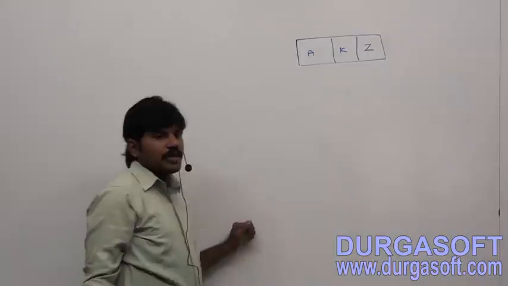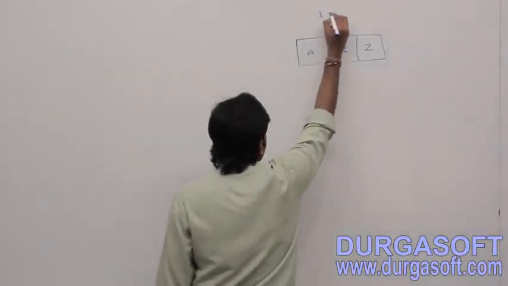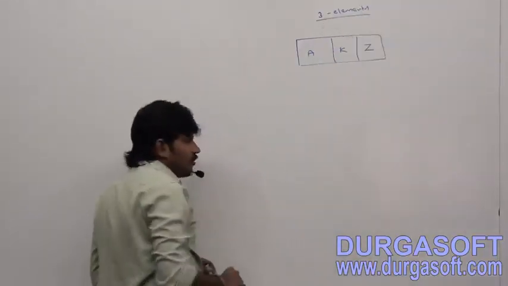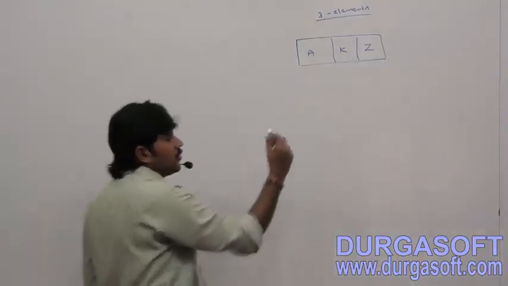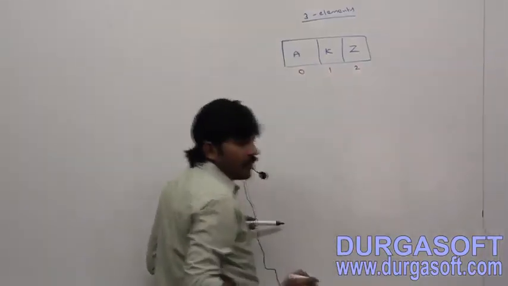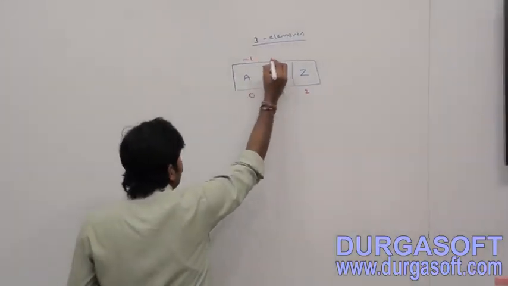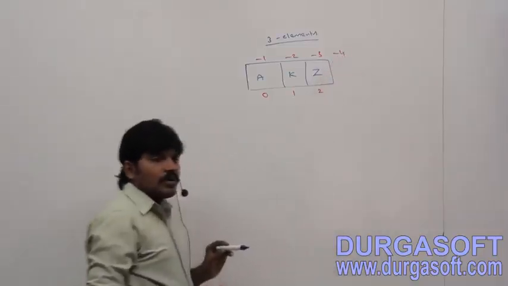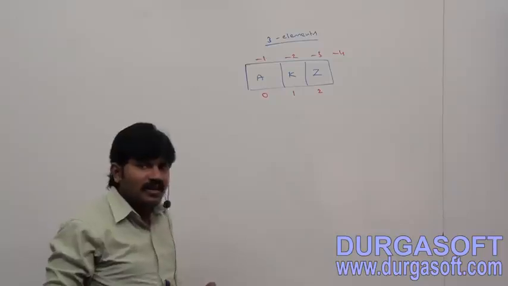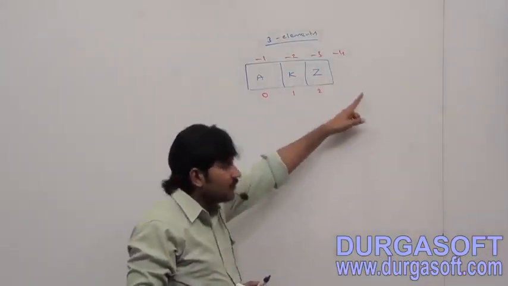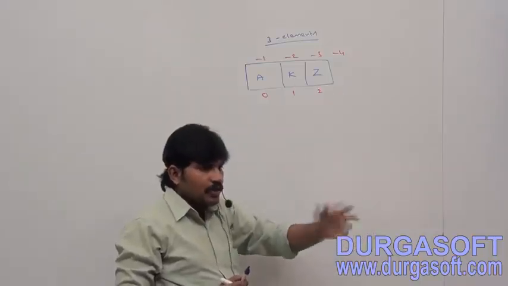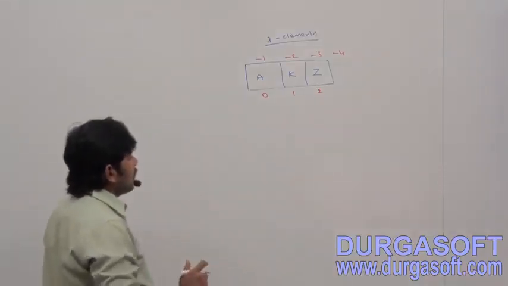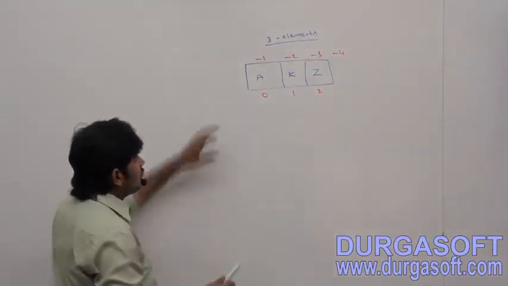For a list of 3 elements, what are the possible indexes? 0, 1, 2. What are the insertion points? Minus 1, minus 2, minus 3, minus 4 also. Because if I want to search for small a, where do we have to place small a? After Z, which means minus 4. You are not going to place it anyway, but if you want to place it, the place is minus 4.